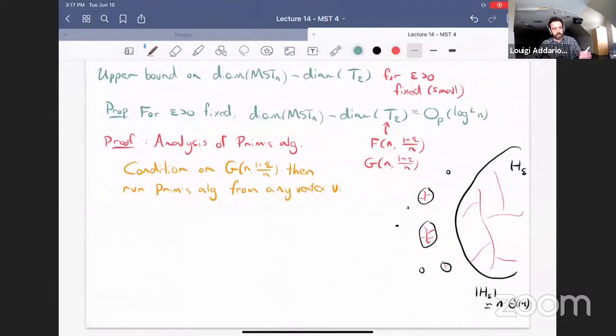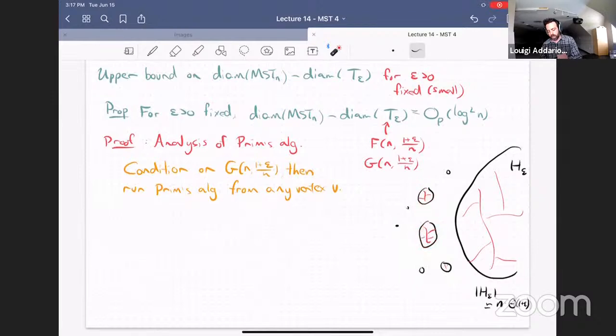Okay, and what I'd like to do is say I can bound the increase in the diameter between time epsilon and the final graph by thinking about, well, if Prim's algorithm hops through 5 components before it gets to the giant component, then that builds a path, and the longest possible length of that path is 5 times the largest size of any of these components.